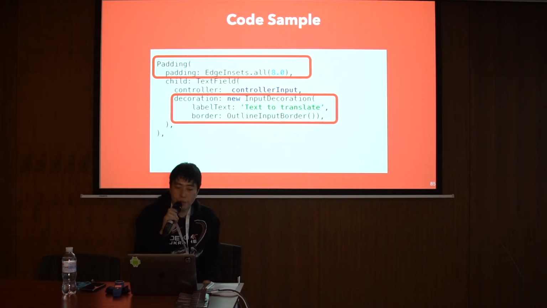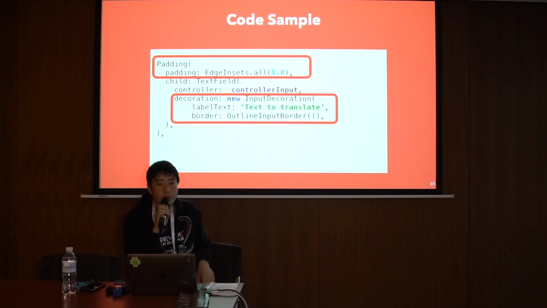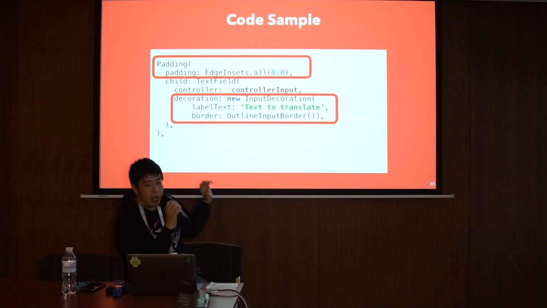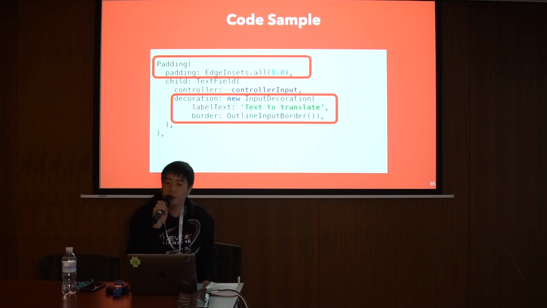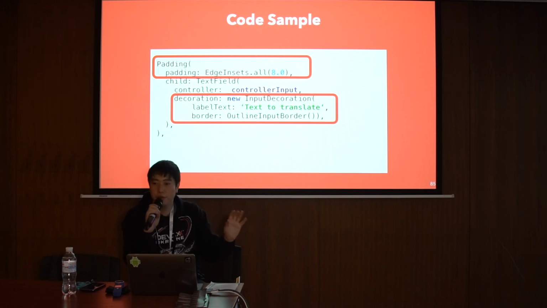This is a code sample. The Padding widget enables adding padding around a text widget. And the decoration property enables some beautiful decorations. This time, I use OutlineInputBorder, and this property enables adding an outline border around a text field widget.